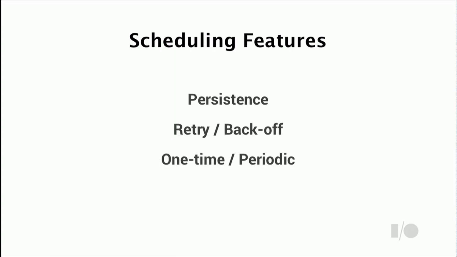And I think this is particularly powerful because you can say, for example, whether you want this back off to be linear, whether you want it to be exponential, and you also specify the initial back off time. So you can decide for yourself how you want your job to behave when it gets into a failure state. And finally, you set up these timing criteria. You can ask for things to happen once, at one point in the future, or just reoccur periodically.